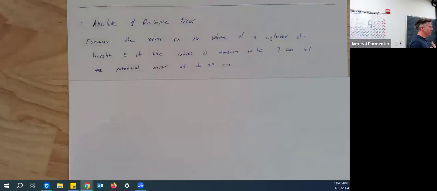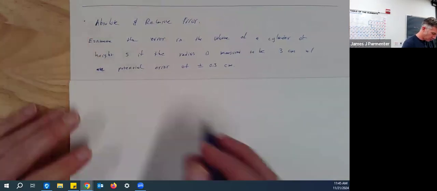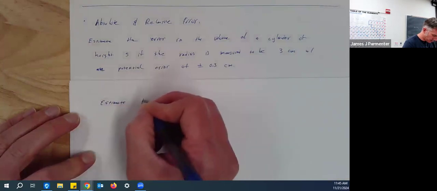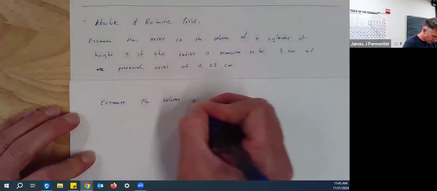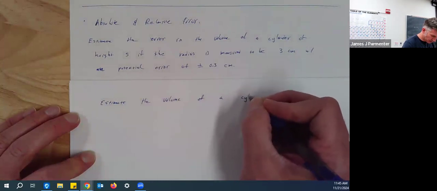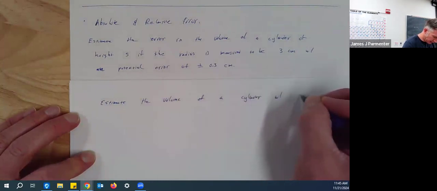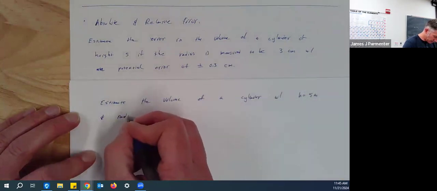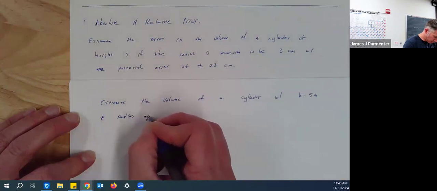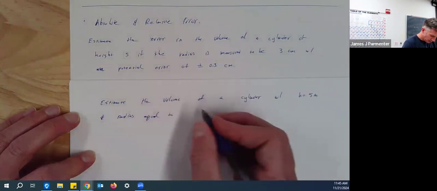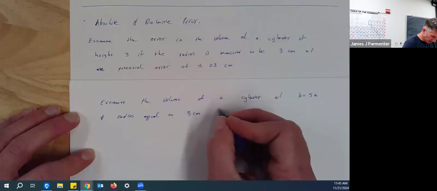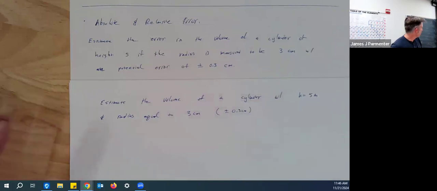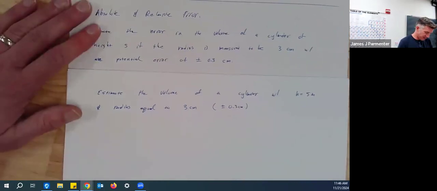So let's reframe this as we want to estimate the volume of a cylinder with height equal to 5 inches and a radius equal to 3 centimeters, but then we're going to add on plus or minus 0.3 centimeters. Which I know might not feel different to you, but it feels different to me.